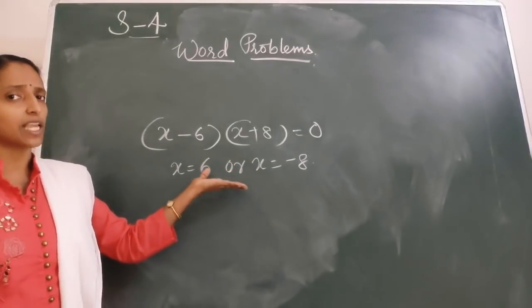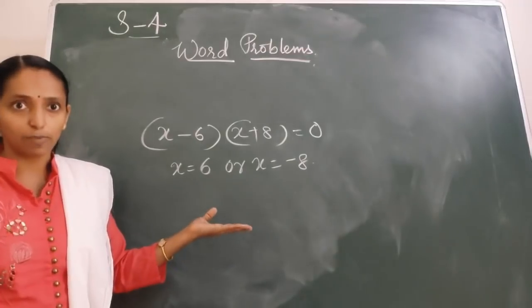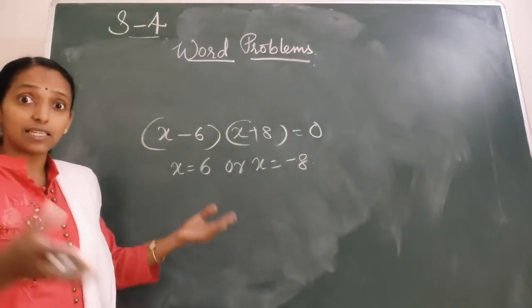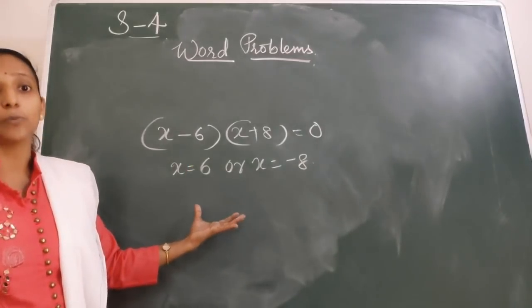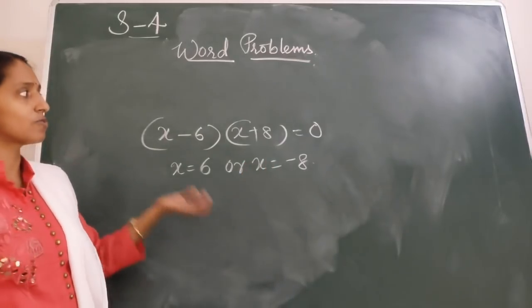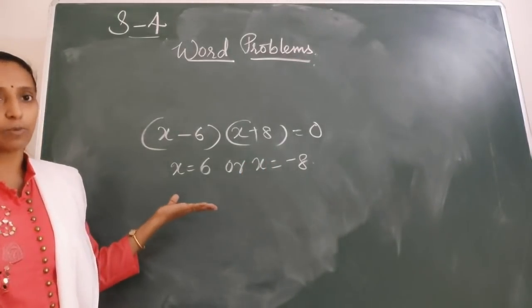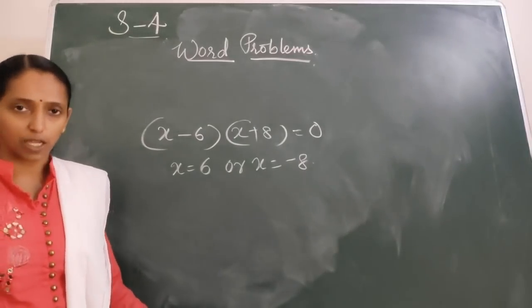Think: speed cannot be negative, age cannot be negative, dimensions cannot be negative, a digit cannot be negative. Only in the case of integers can we take both positive and negative values. Otherwise, most probably, we will go for the positive. Cost price, selling price cannot be negative.